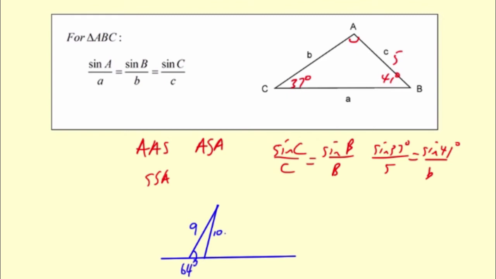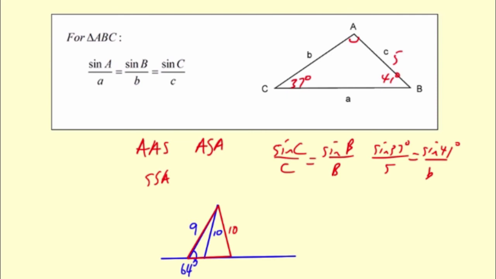This is side, side, angle. What happens here is this could actually form two triangles, because what you could do is you could go like this, and this is 10, so then you could have another triangle here with the same side, side, angle criteria. So that's why side, side, angle is a little tricky.